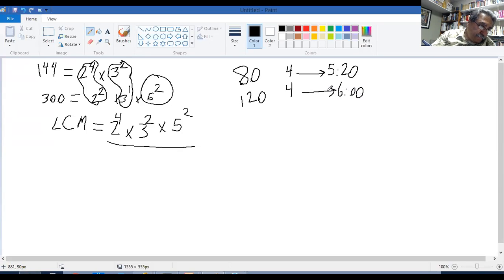All right. You're asked to find when the movies will begin again at the same time. Therefore, we are looking for the least common multiple of 80 and 120.